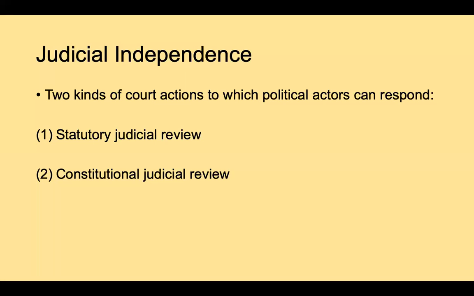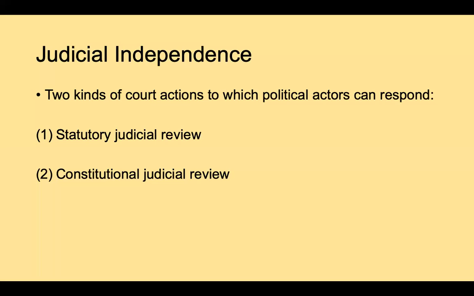On top of that, we add two types of actions or undertakings that can provoke a response from other political actors. These are, first, statutory judicial review. This relates to reviewing administrative law, agency decisions, and lower court rulings. And then second, constitutional judicial review.